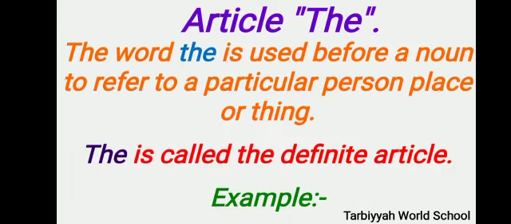See where we use article the. The word the is used before a noun to refer to a particular person, place or thing. The is called the definite article.